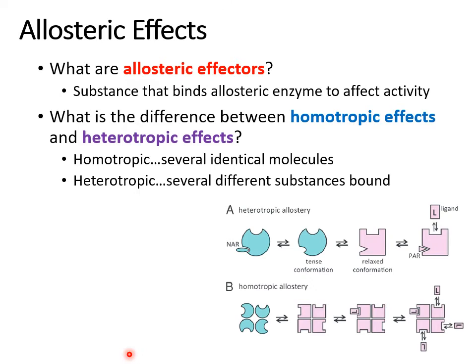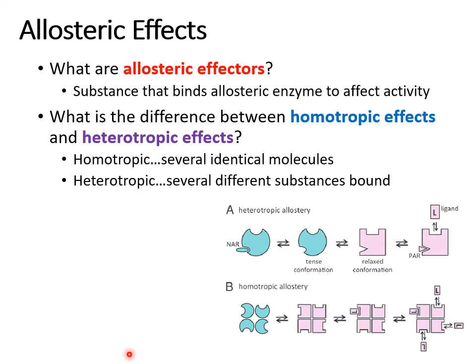So that can include substrates, inhibitors, and activators. Okay, so all three of those, substrates, inhibitors, and activators, write those down. Those are three examples of allosteric effectors. They will all be able to bind to these enzymes and affect its activity.